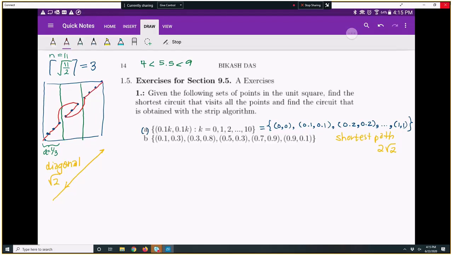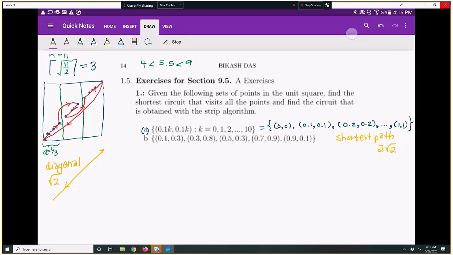Then the last step would be to connect this back to the bottom corner. Again, I've drawn these as curved lines so that it's clear that in step 1 I'm going here, then in step 2 here, then back down, then back up, and back down. But when I count this distance, I'm going to count it as if I was just traveling along the straight path. So how am I going to compute this distance?